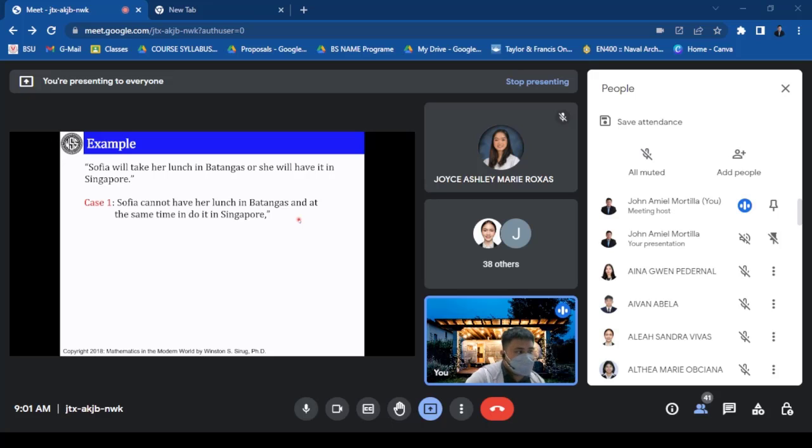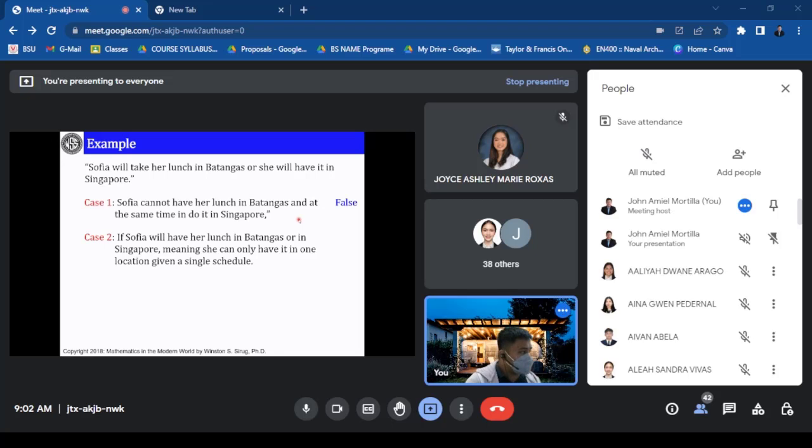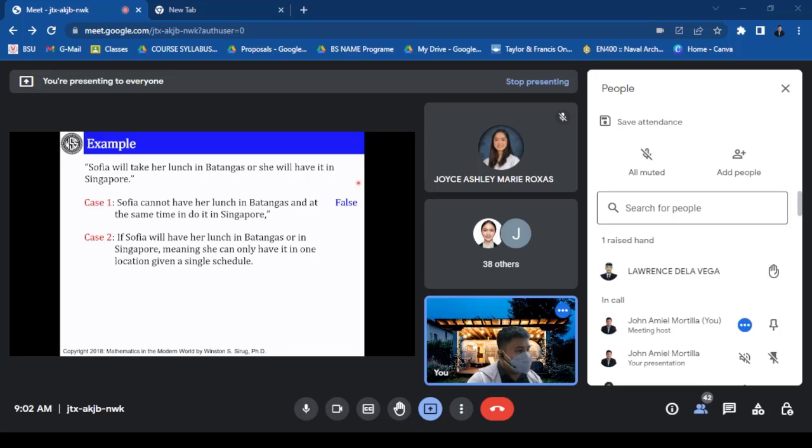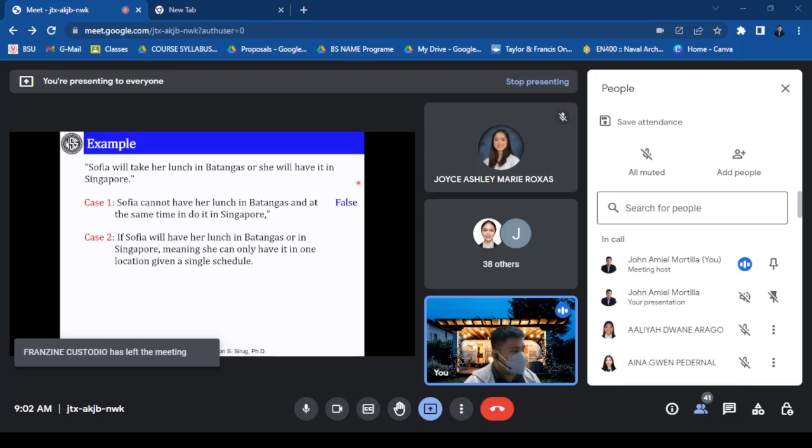Sophia cannot have her lunch in Batangas and at the same time in Singapore. So it is false. So how about case 2? Is it true or false? If Sophia will have her lunch in Batangas or in Singapore, meaning she can only have it in one location given a single schedule. True po, sir.